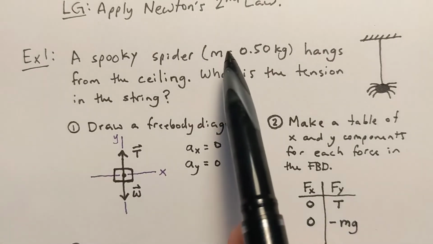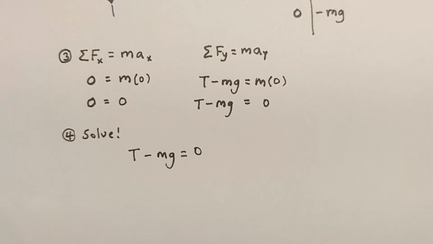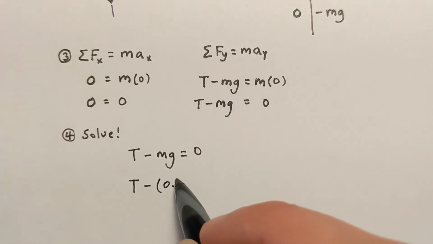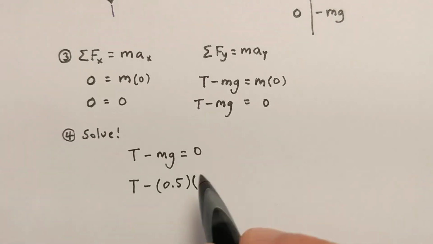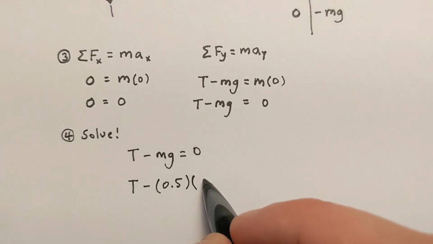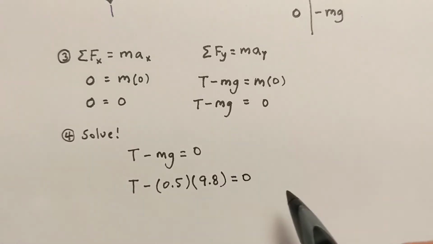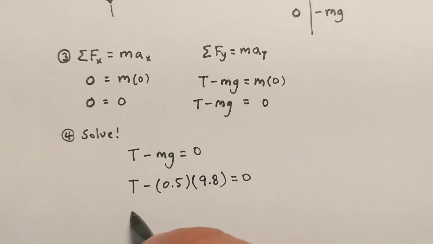So in the question, they tell me that the mass of the spider is 0.5 kilograms. So let me go ahead and substitute that in for the mass. We've got tension minus 0.5 kilograms times little g, the acceleration due to gravity here on Earth, which is a positive 9.8 meters per second squared. And half of 9.8 is 4.9.